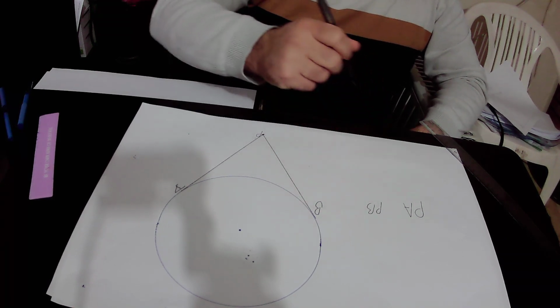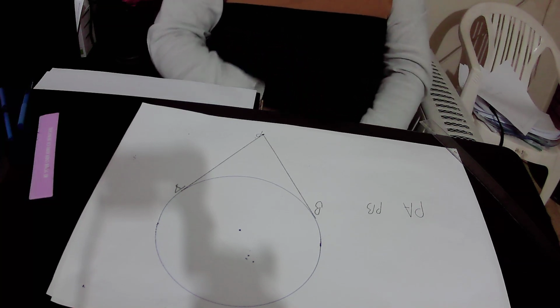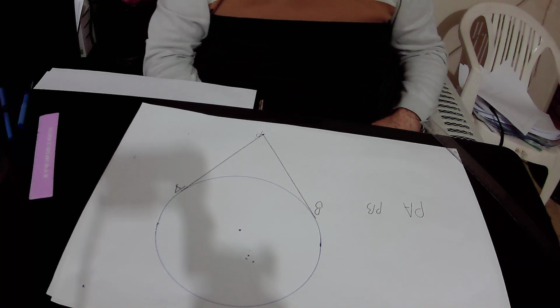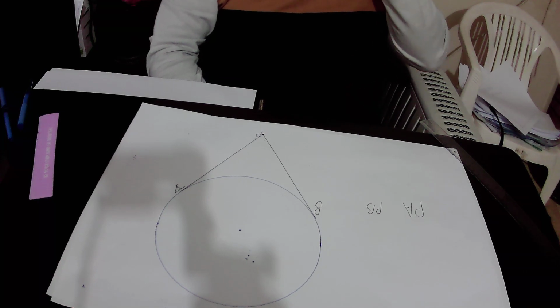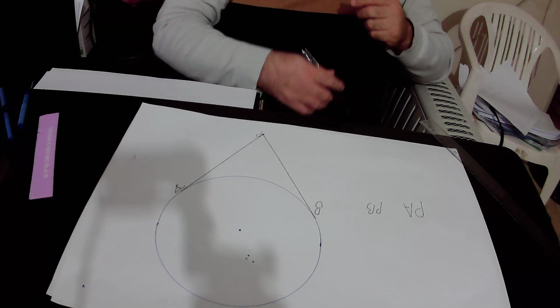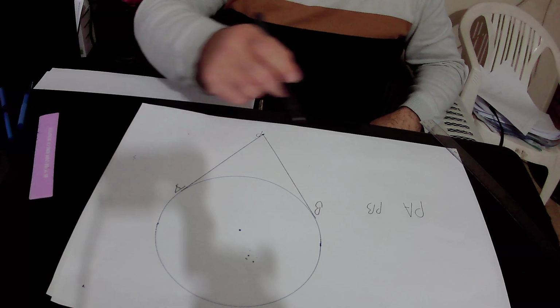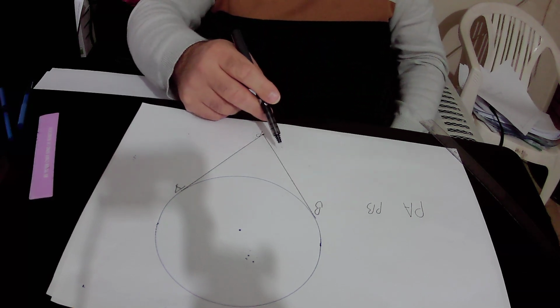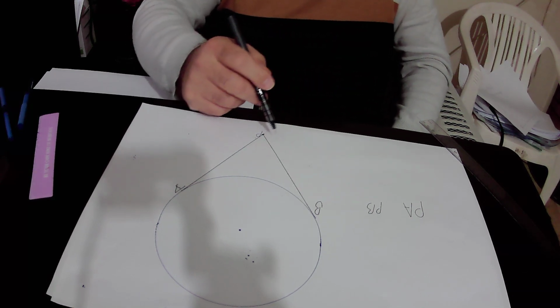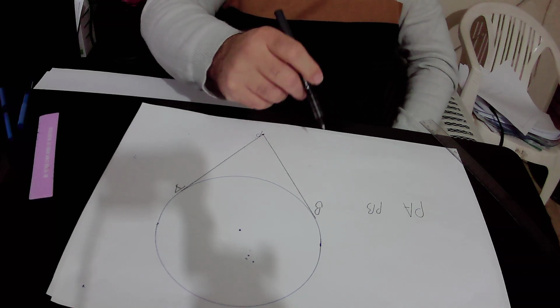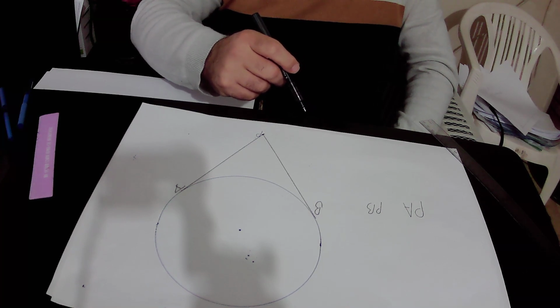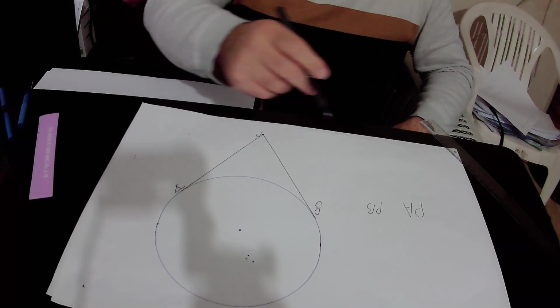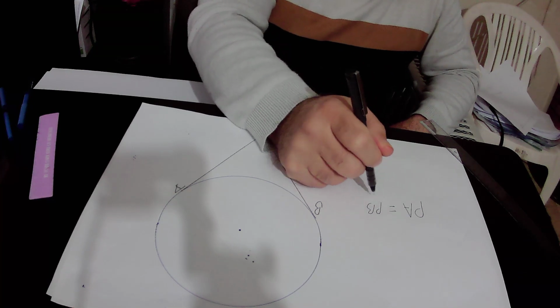and according to rule number 1 of two tangents theorem, the lengths of two tangents from a common external point to a circle are equal. So the length of the first tangent is PA, the length of the second tangent from point P to the circle is PB, and according to the two tangents theorem, the lengths of those two tangents are equal to each other, that is to say PA equals PB.